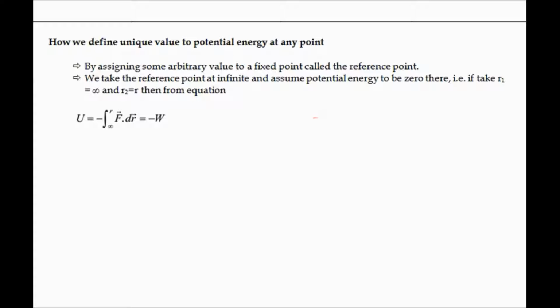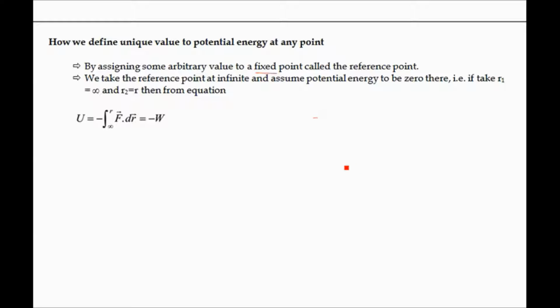So how do we define a unique value of potential energy at any point? Till now we have been talking about the change in potential energy, but how do we define the unique value of potential energy at any point? For this we just need a reference point. By assigning some arbitrary value to a fixed point called the reference point, we define the potential energy at a unique point.